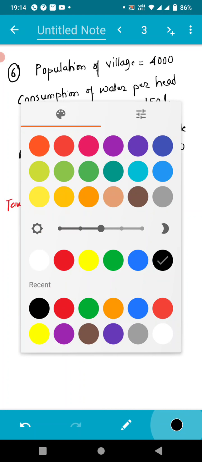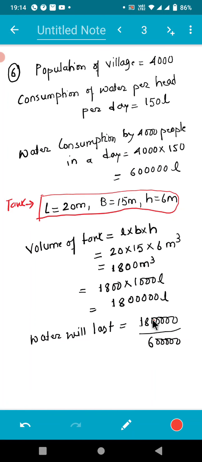Okay, so if you reduce it, you get the answer as 3. That means 3 days. The volume of water in a tank will last for 3 days. So this is the solution of question number 6.